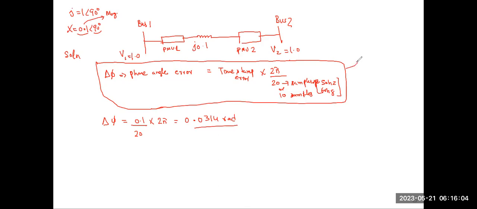Remember, whenever you are solving problems for smart grid, make sure that your calculator is in radian mode. If you have put it in degree mode, it will give wrong answers while you are doing calculations.